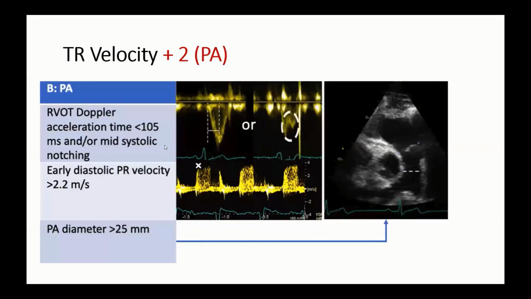Next, the PA parameters. You have 3. If the RVOT Doppler acceleration time is short, or if there's a notch in mid-systole, then that gives you a point, either or. Or if there's an early diastolic pulmonary regurgitation velocity of more than 2.2.